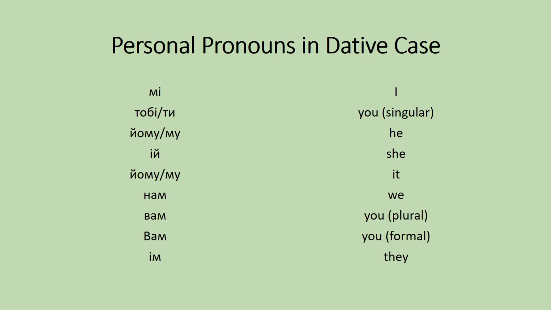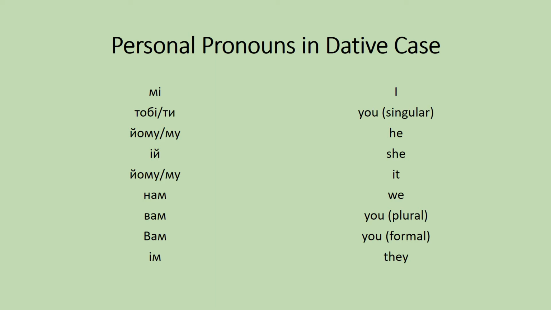To say she in the dative case, it is i. To say it in the dative case, it is yamu, or alternatively, mu. To say we in the dative case, it is nam.